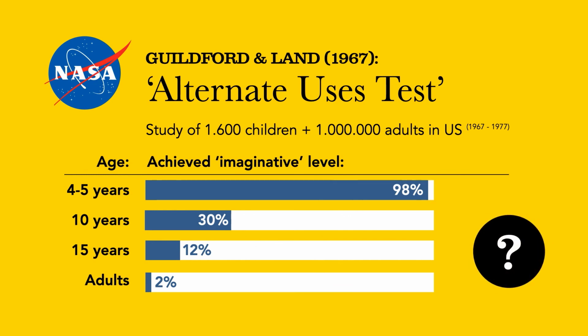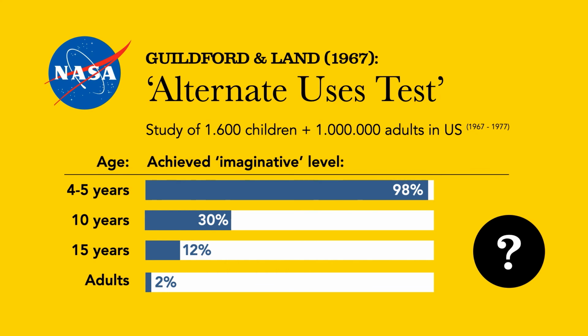What is the mechanism behind this development? Land has some theories, and I think his theory is that it has to do with school and the school education system, and also with how we become more adult as we grow up. And it connects back to lateral and linear thinking.